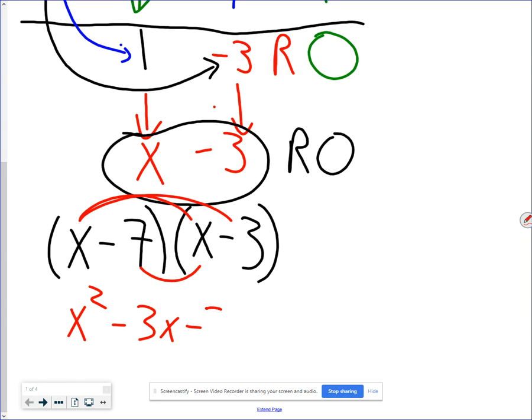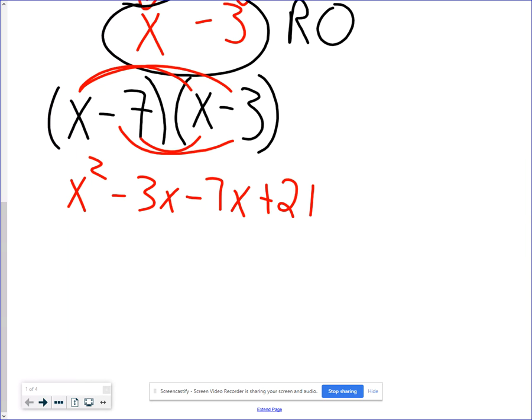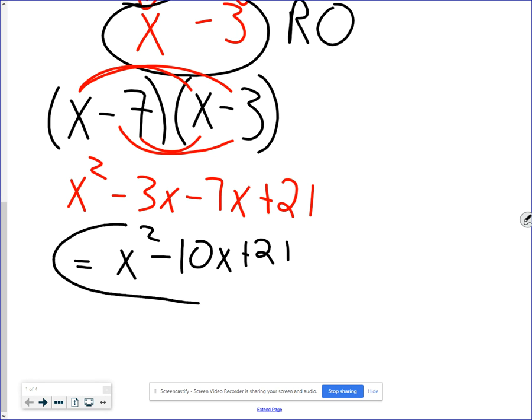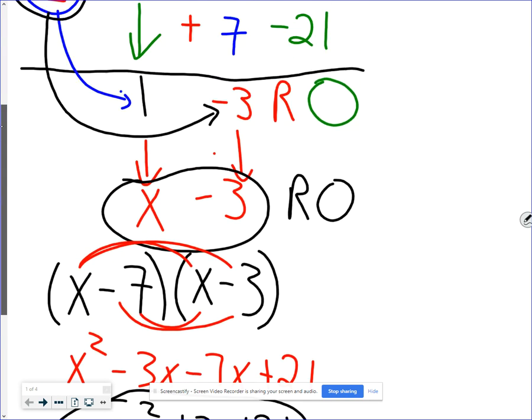Negative 7 times x is negative 7x. And negative 7 times negative 3 is plus 21. And then when we combine like terms, we get x squared minus 10x plus 21. And so we did indeed get the right answer to this.